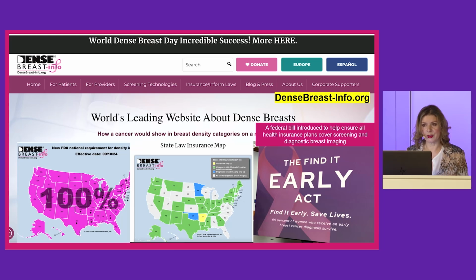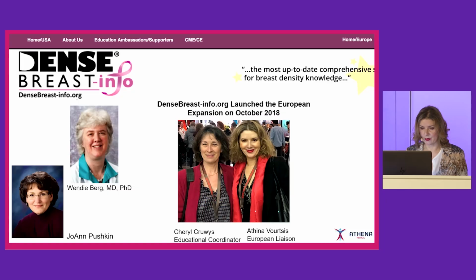Every radiologist is obliged to write down on the report the type of density the woman has and to inform the woman. Now there is a great work that we are doing under the Find It Early Act. There is a federal bill that is introduced to help ensure that all health plans coverage should be made also in screening and also in diagnostic breast imaging.